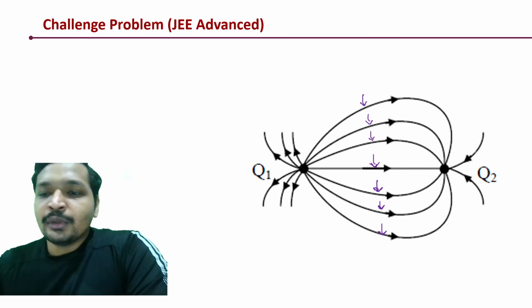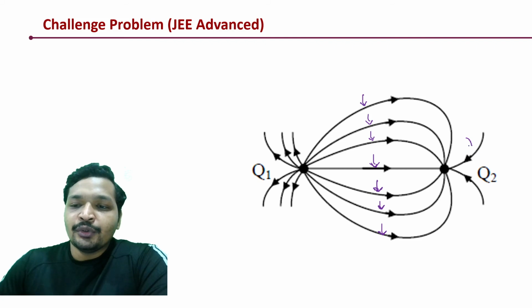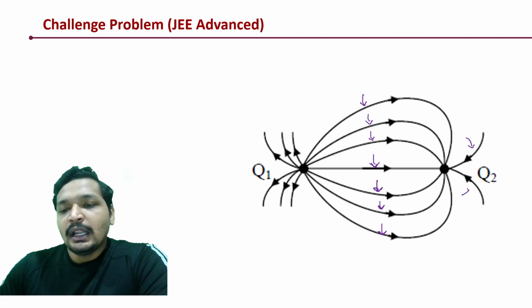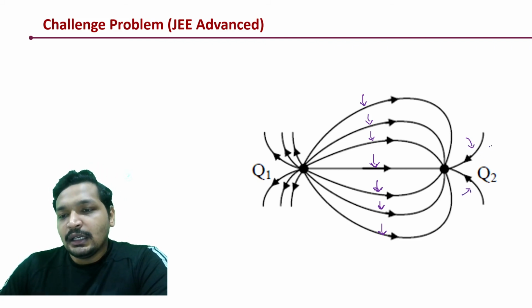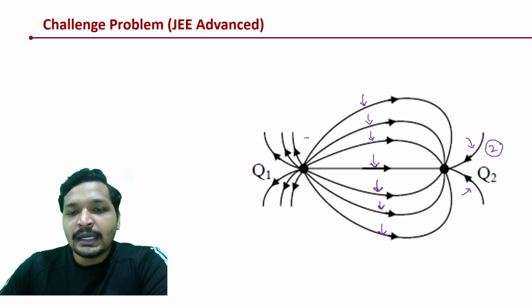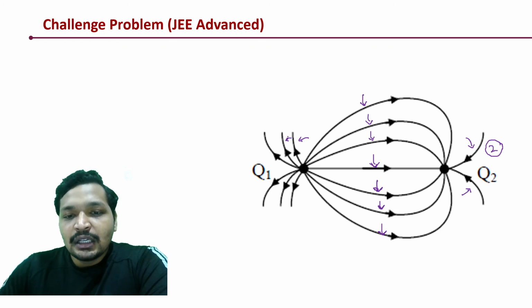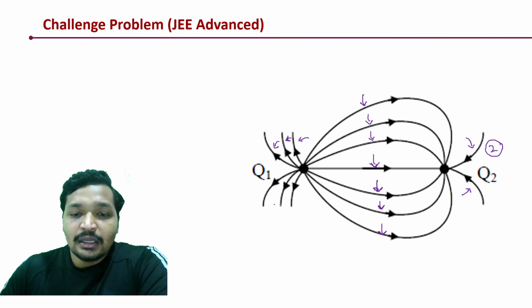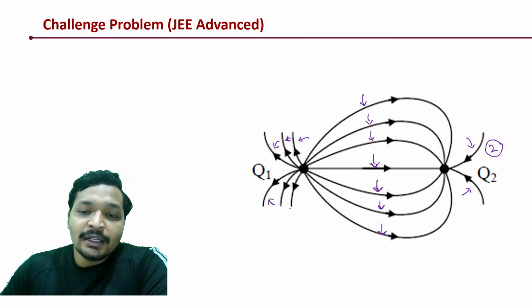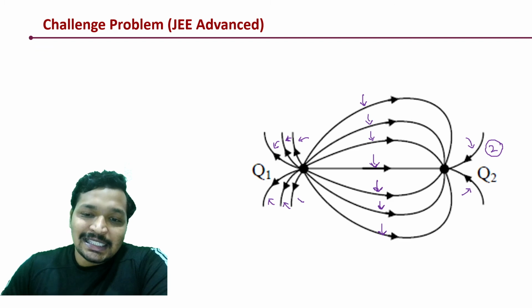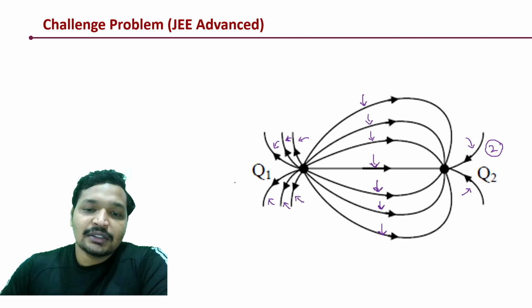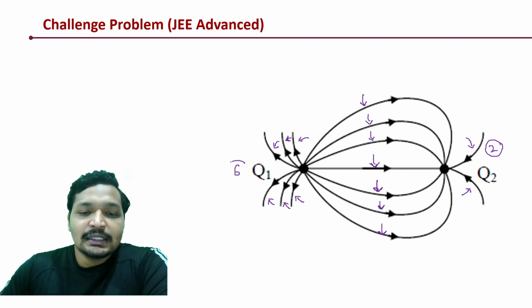Now coming to the other lines, if you are observing Q2, how many lines are there? Two lines are present, right? There are two lines on this side, and on this side how many lines are leaving the charge Q1? More lines, and how many are they? 6, right? So 6 lines.